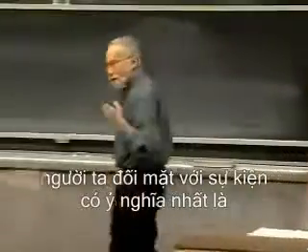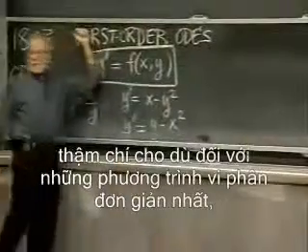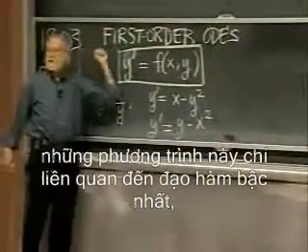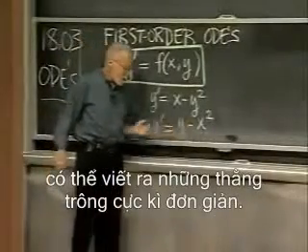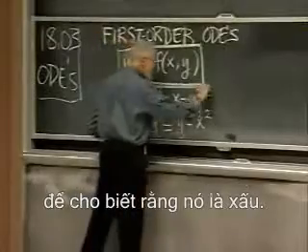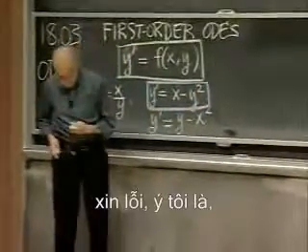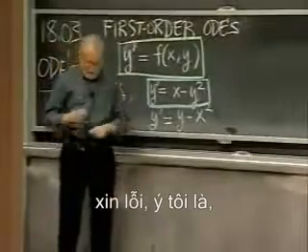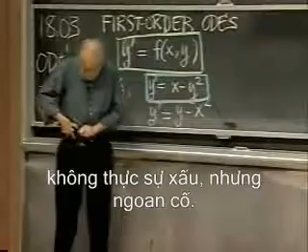So right away one confronts the most significant fact that even for the simplest possible differential equations, those which only involve the first derivative, it's possible to write down extremely simple-looking guys. I'll put this one up in blue to indicate that it's bad. Whoops, sorry. I mean, not really bad, but recalcitrant.